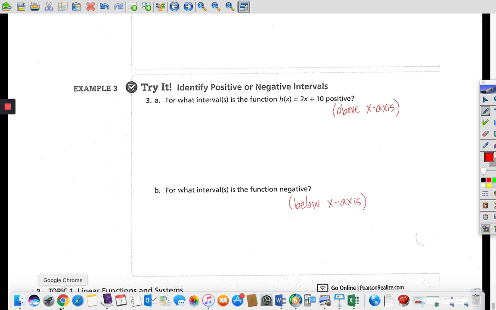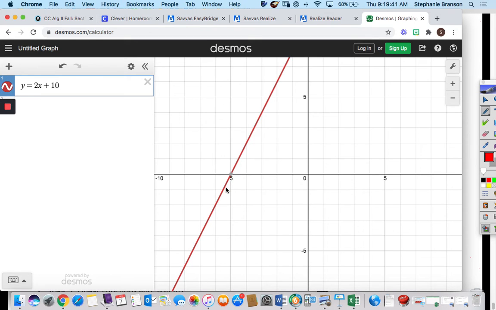Let's take a look at this. We want to know when it's positive. That means when is it above the x-axis? Well, starting here at negative 5, it looks like it's above this x-axis to me, right?